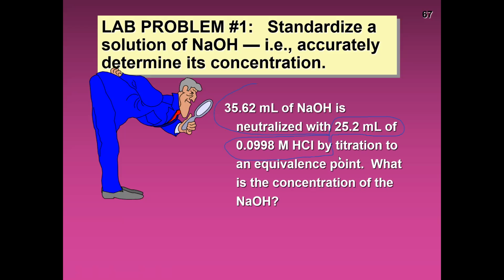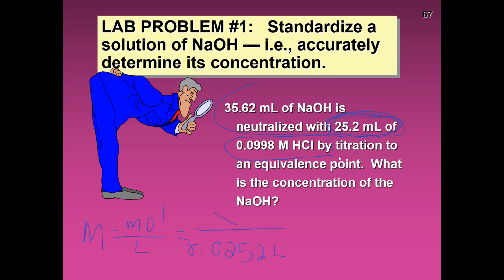All right, the very first thing is to find, remember, molarity is equal to moles of the solute per liter of the solution. So we have the volume, which is the liters, which all we need to do is convert that into liters. So it's 0.252 liters.